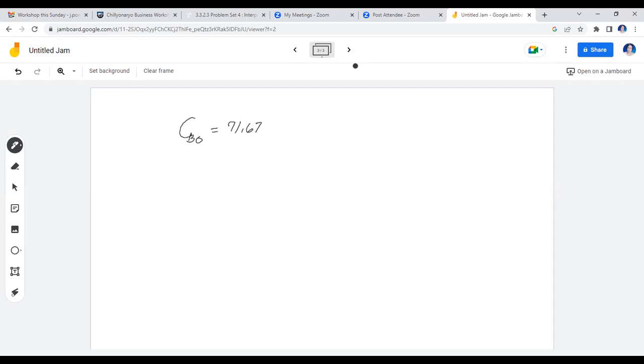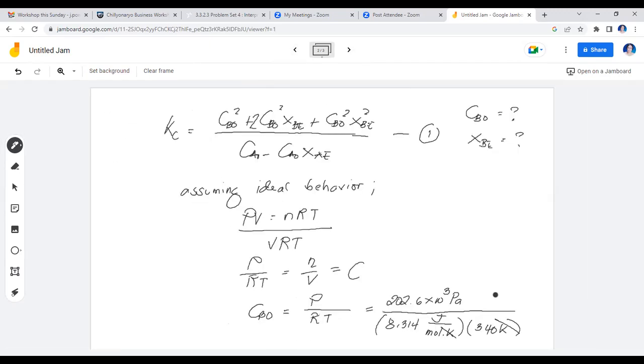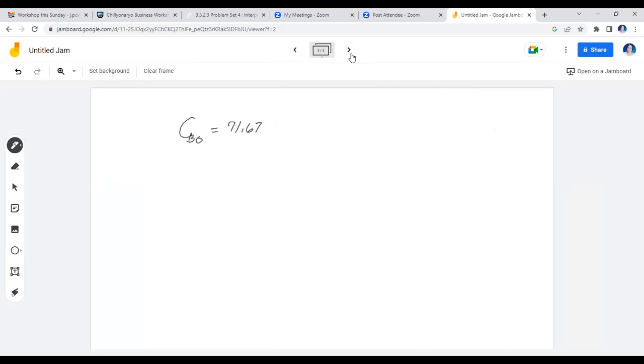So what would be your final set of units for the concentration of B if you're dealing with this set of units here? This would be the unit for concentration in SI.